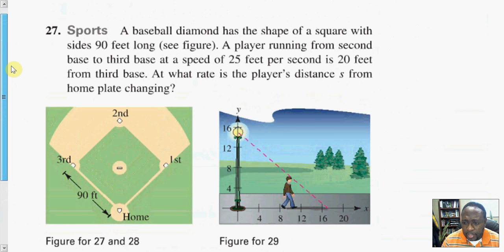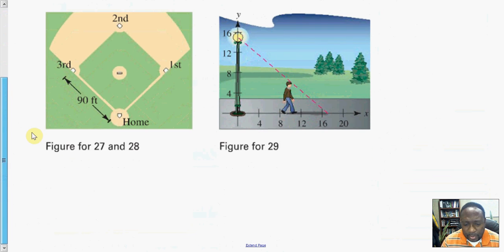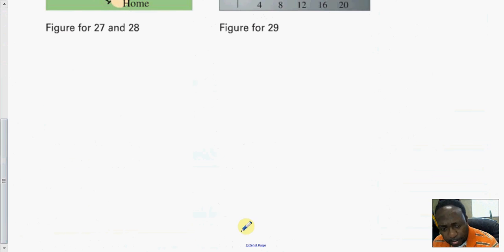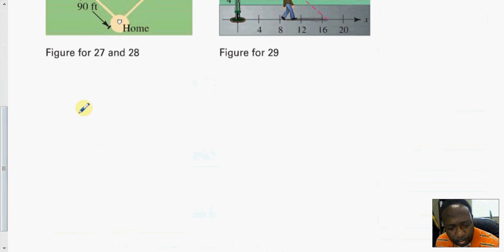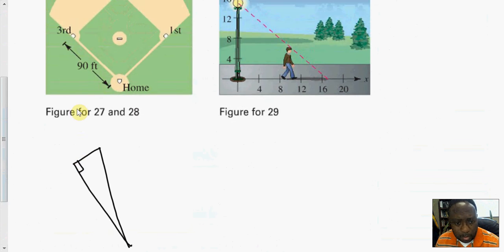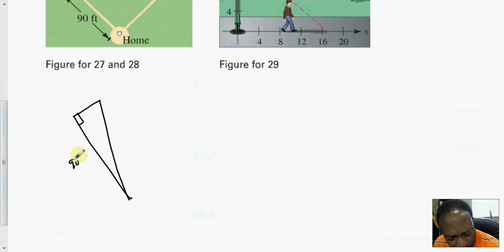At what rate is the player's distance S from home plate changing? Now we got to draw that out, I think. So this side here is fixed at 90 feet. This is going to be S.